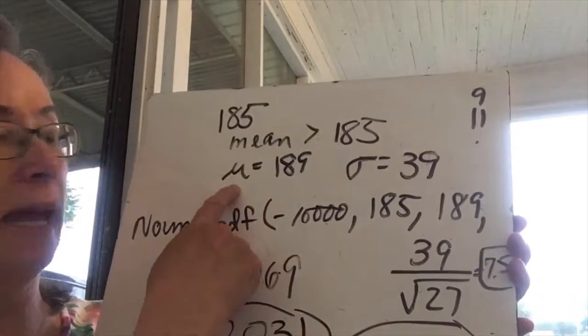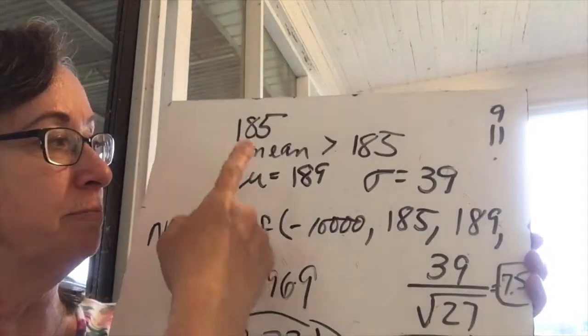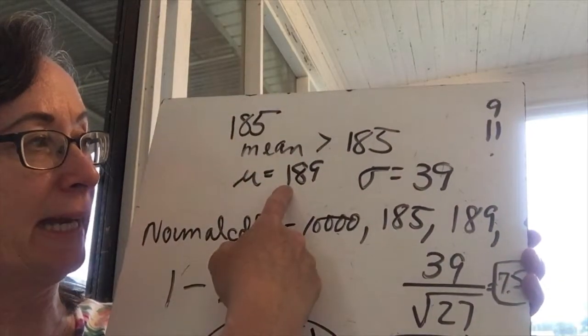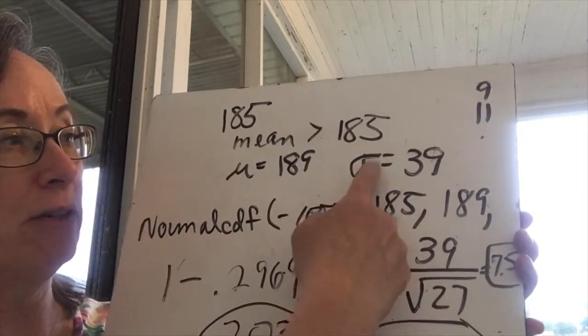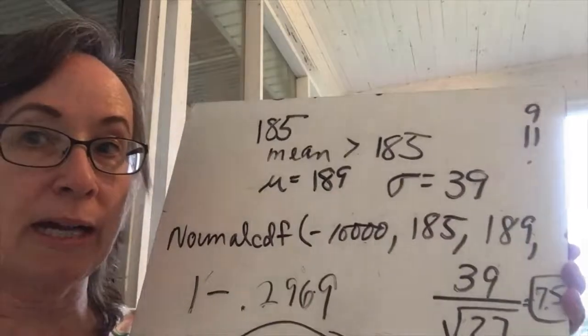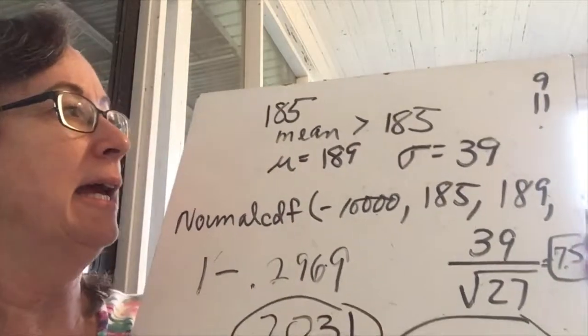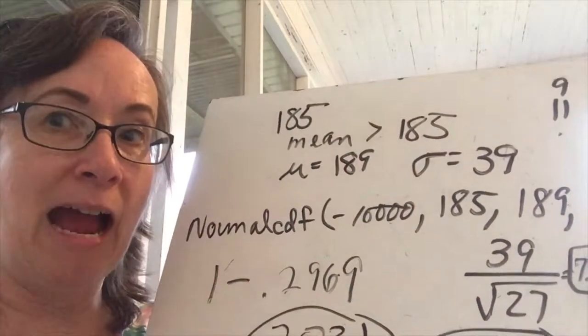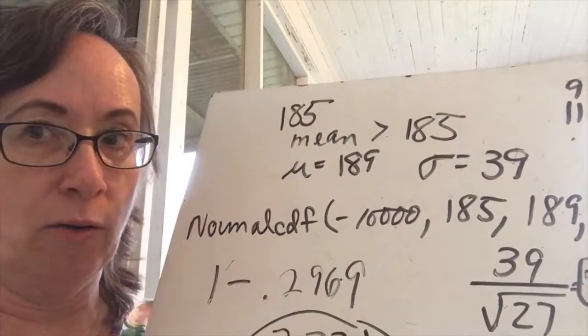So remember we had a mean for the population of 189. We have the standard deviation is 39, but now we're talking about 27 men getting on here, and we're taking the average of all of their weights.